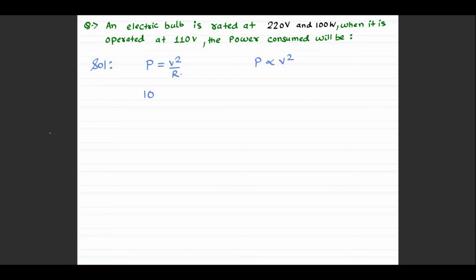So can I say 100 by X is equal to (220 by 110) whole square. Correct. So X then will be equal to 100 by 4, which is 25 watts. तो अगर आप वोल्टेज को हाफ कर देंगे तो पावर 1/4 हो जाएगा. दैट इज द आंसर देन.